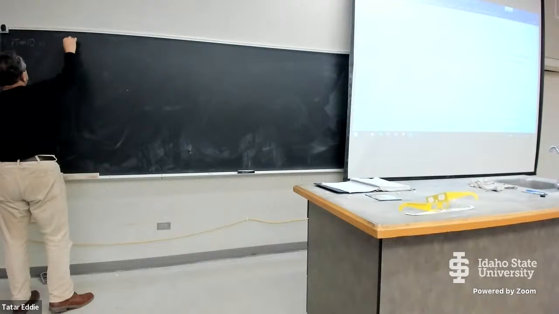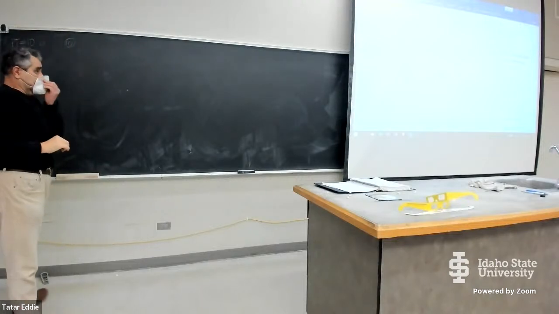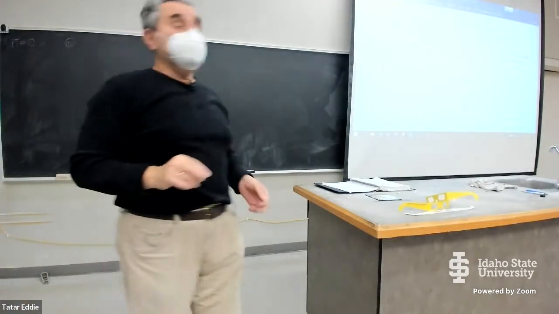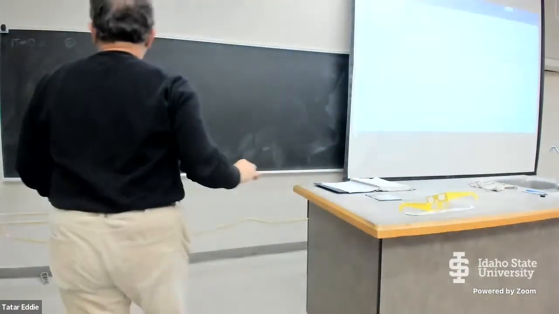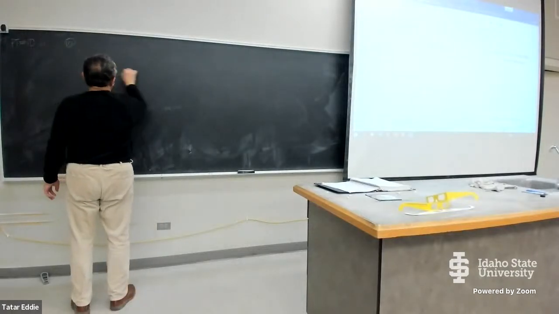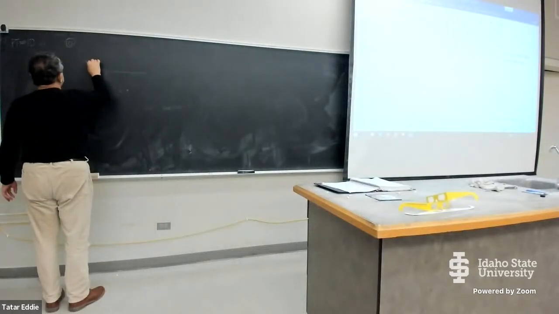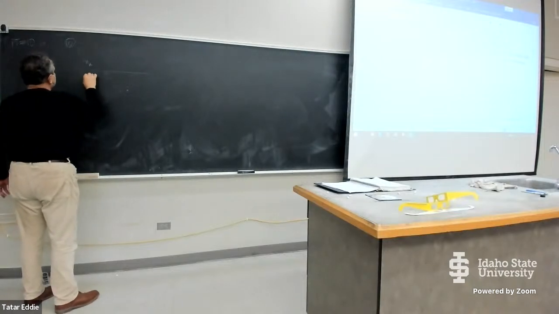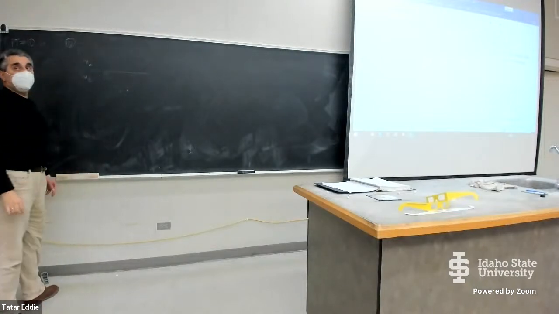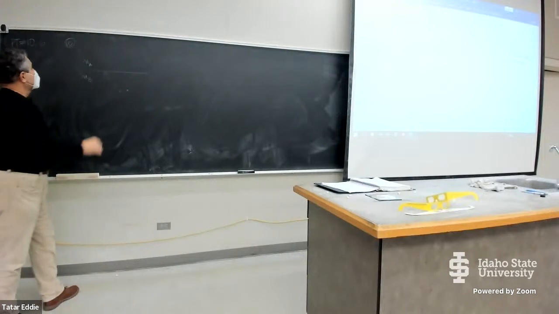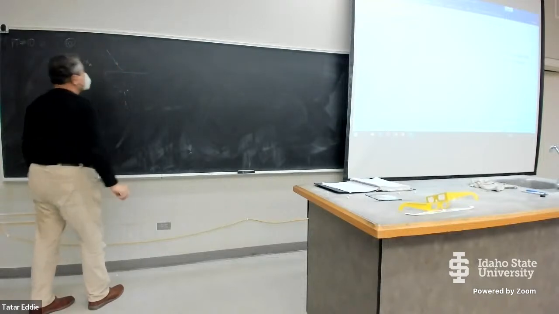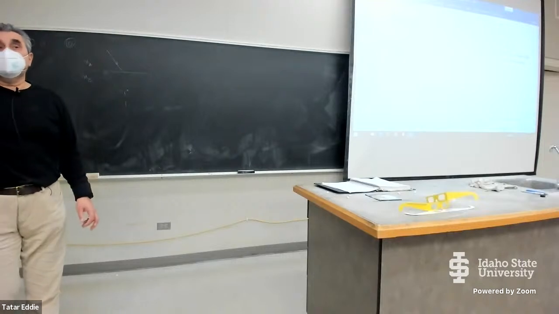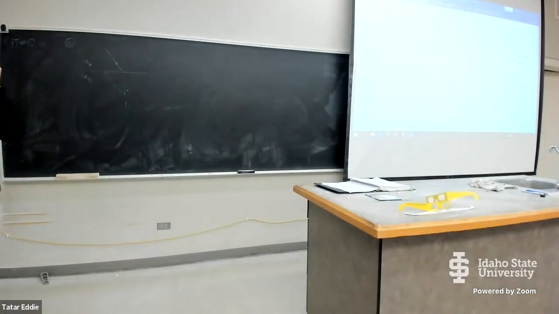So to answer that problem, here is the interface between a medium with refraction index NA and the medium with refraction index NB. Here is the incident light ray. And remember that all angles in optics are with respect to the normal to the surface.